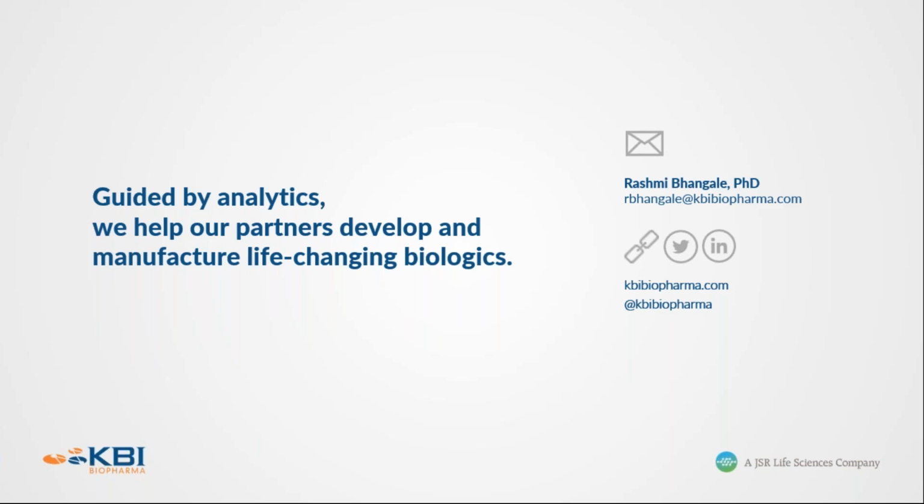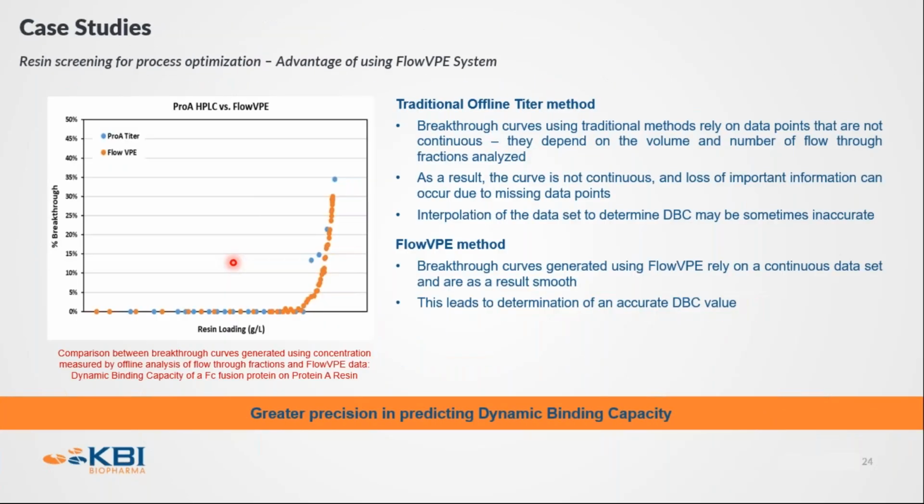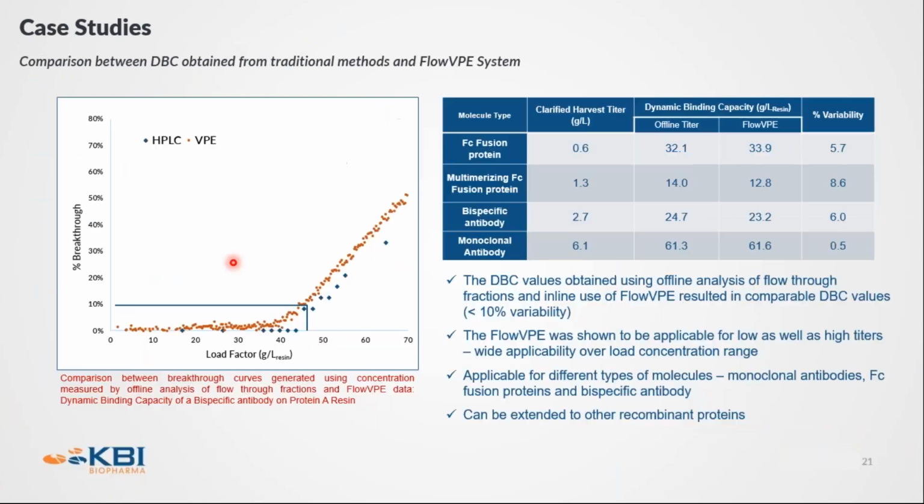So then the next one: is there any correlation determined between Pro-A HPLC concentration and FlowVPE in the spent media flow through? I believe you showed some of this data. That one came early on in the presentation, so maybe you hadn't gone over it at the time. So here is the comparison between the Pro-A HPLC titer method and the FlowVPE.